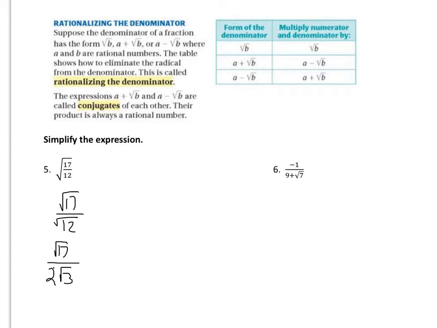Now, the only thing in the denominator that is not allowed is the square root of 3, so multiply the top and bottom by the square root of 3. So you get square root of 51 over 2 times 3, which is square root of 51 over 6.